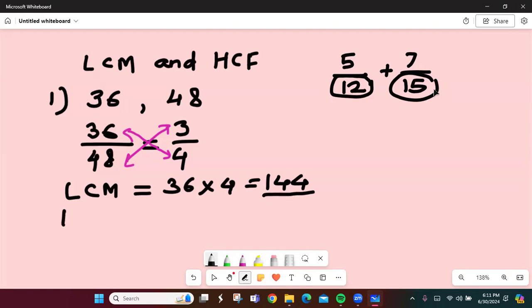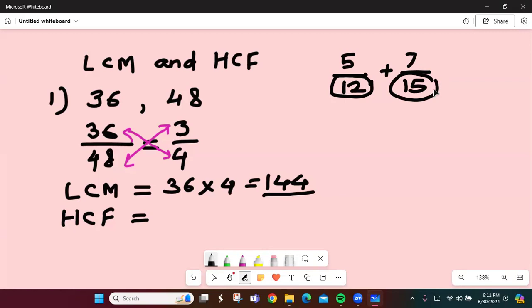Now HCF, highest common factor. The highest common factor is the highest factor which is common to both of these numbers. So to find out the highest common factor, just take the ratio of numerator to numerator of both these fractions or denominator to denominator. Both should give you the same answer.